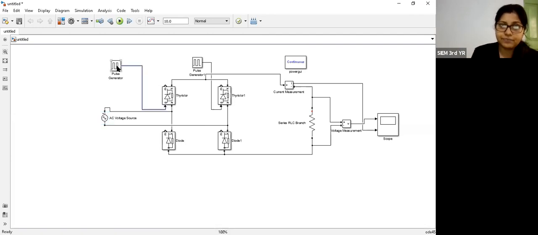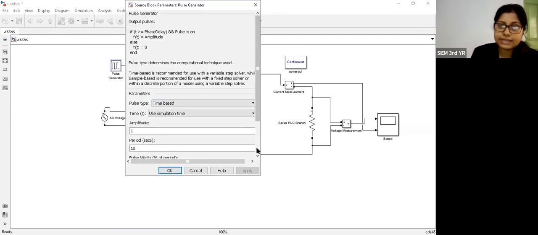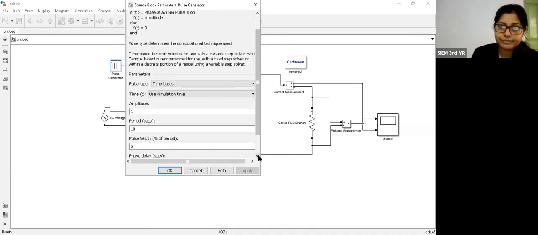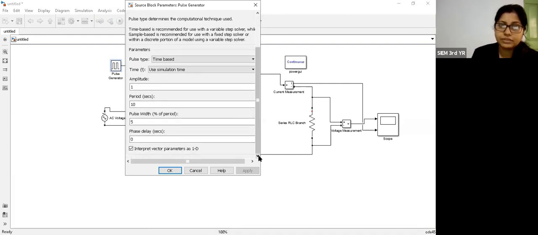The pulse generator: amplitude, and the period is 10 millisecond, 10 into 10 to the power minus 3.